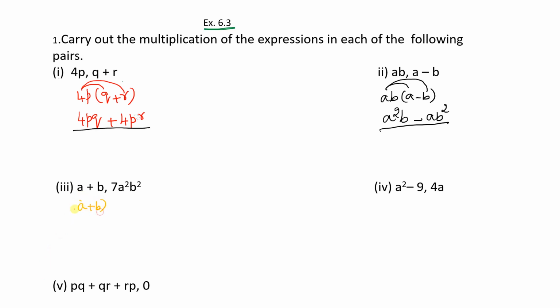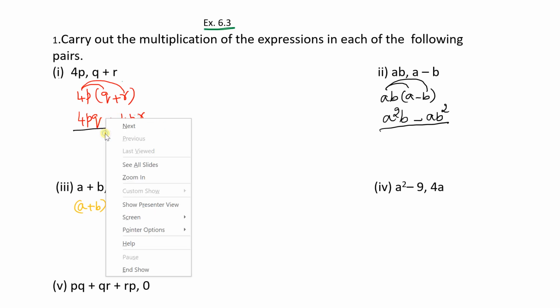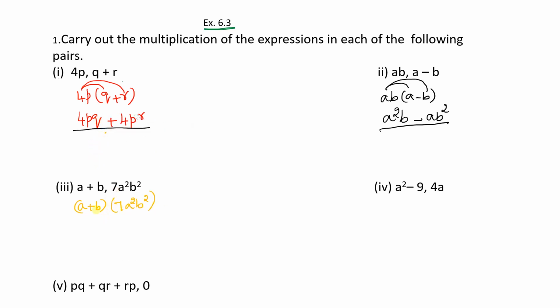(a plus b) into 7a square b square. So this is also the same. Here you have the monomial first and the binomial next; here the binomial is the first term and the monomial is the second term. Let's multiply these two.